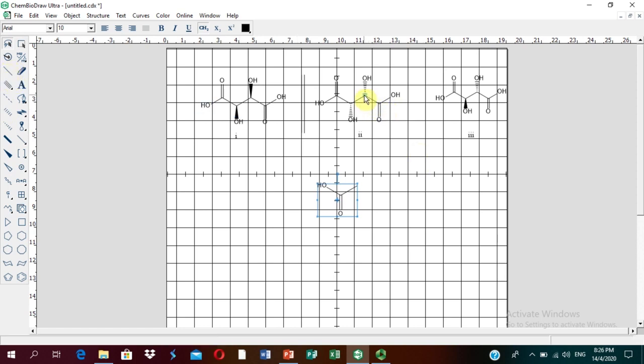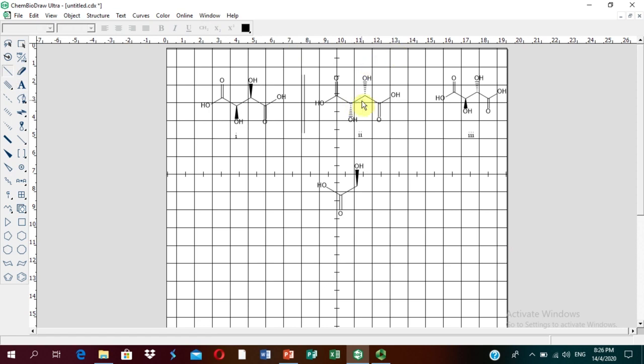This is CH, CH, OH. Okay, if you flip 180 degrees, this becomes a dash, and then this becomes a wedge. Okay, becomes OH.